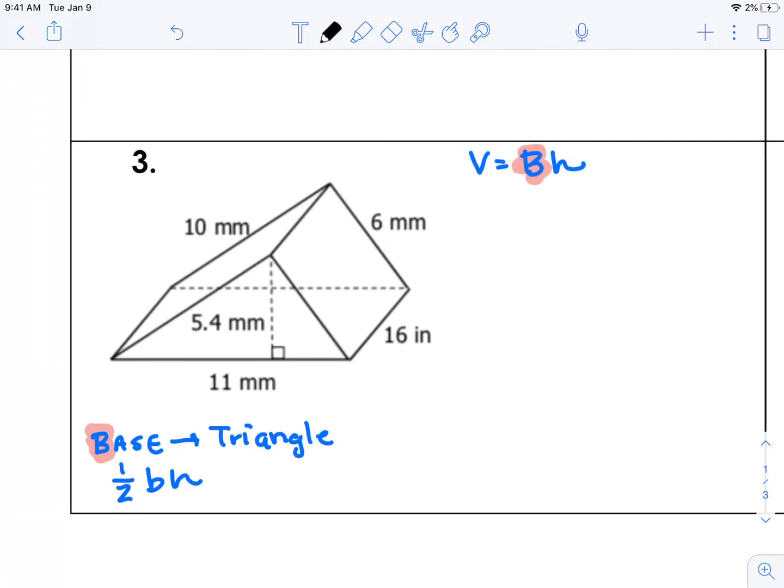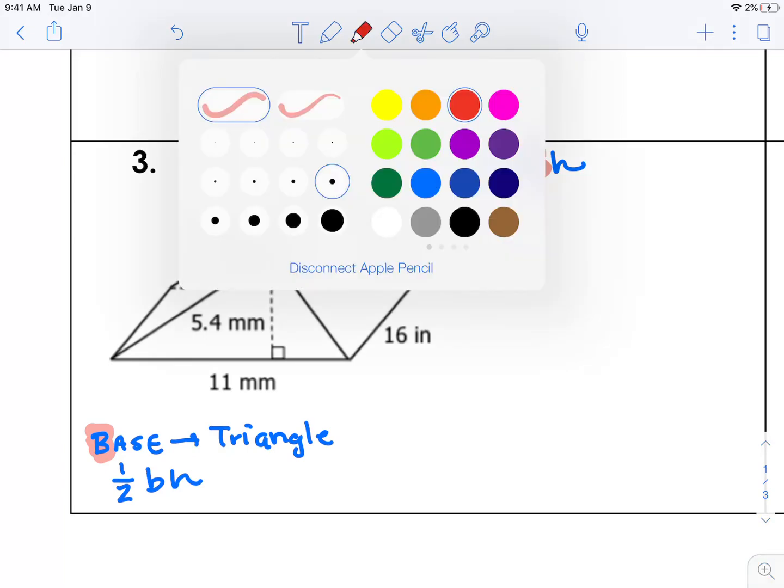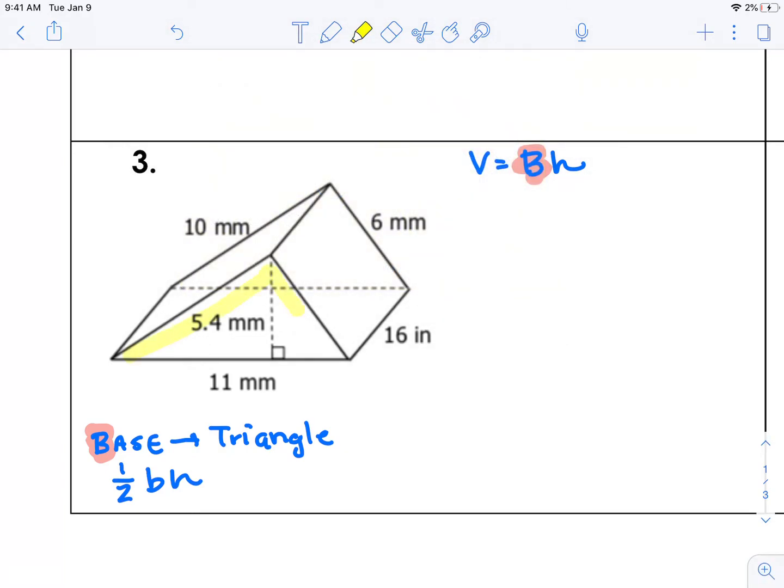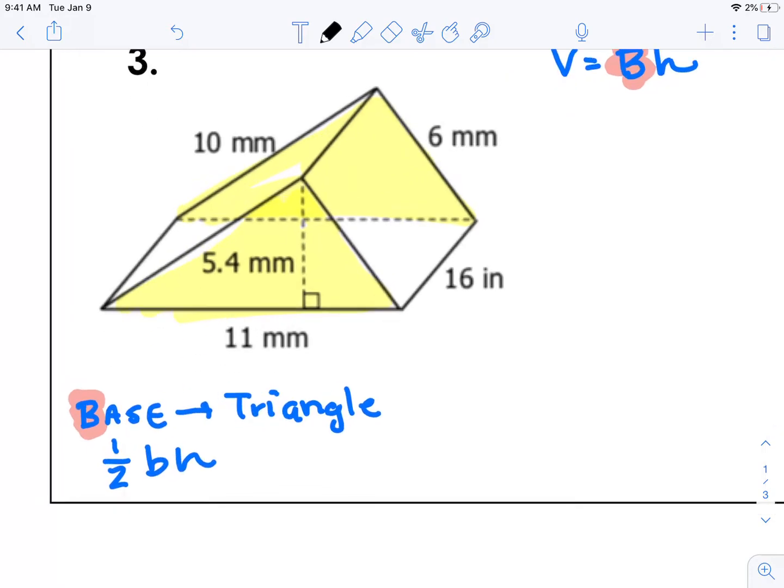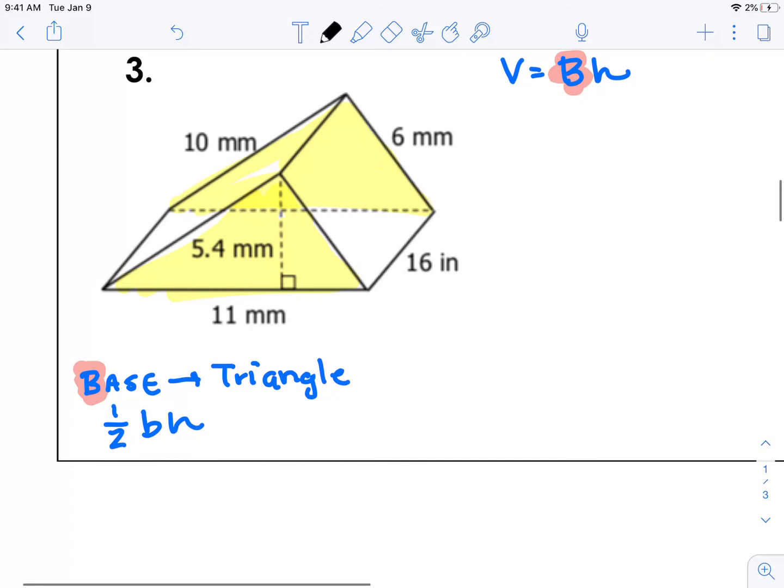Okay, number 3. This is not a rectangular prism. It is a triangular prism, and I can see that because there's one triangle and then there's the other. Those are my bases. The first thing I want to do is find the area of the base, which is a triangle. That's 1/2 base times height.